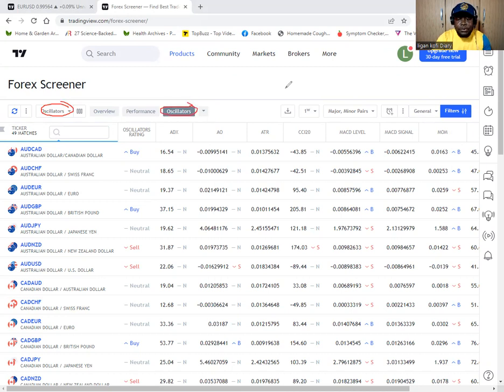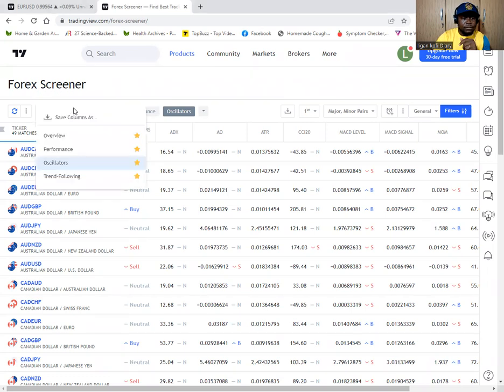Now you can navigate through that and you see two main types of screeners. We have this oscillator type of screener, and then we also have, okay, you see, these are the types of screeners. We have the overview, we have the performance, we have the oscillator, and then we have the trend following.